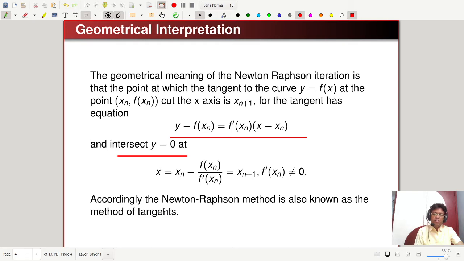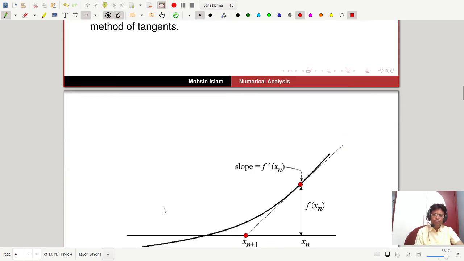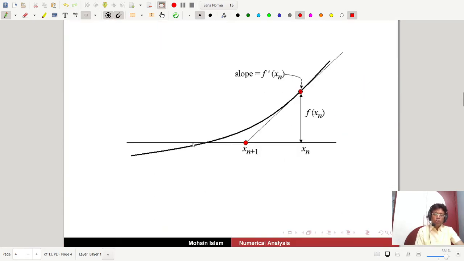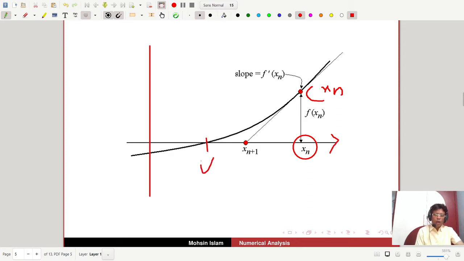Let us observe it geometrically, graphically. This is your curve f(x), this is your point x_n, and this point is f(x_n). This is a point in a two-dimensional axis, and this is the root alpha. So this point is actually (x_n, f(x_n)).